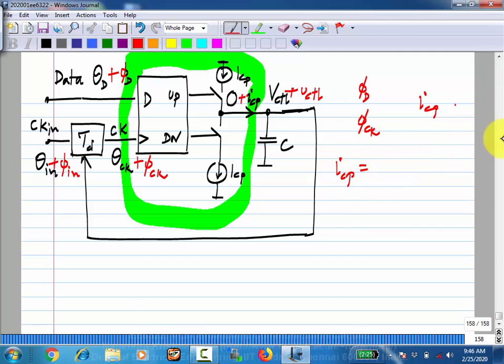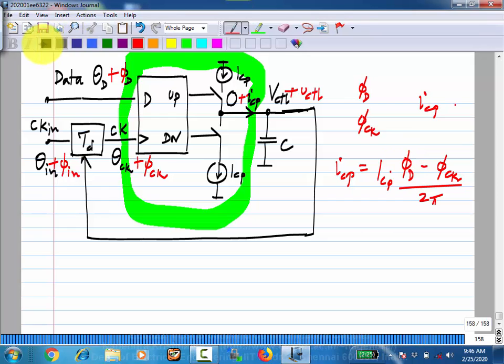ICP equals (phi d minus phi ck) multiplied by 2 pi, divided by 2 pi. That's it. Times ICP. Obviously, the dimensions also have to be correct. So this is what it is, right?